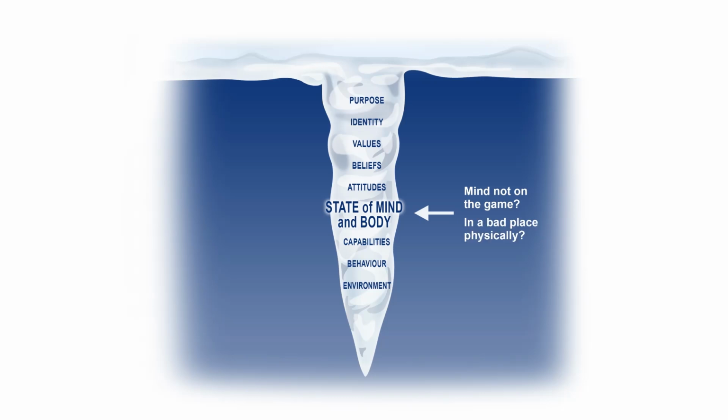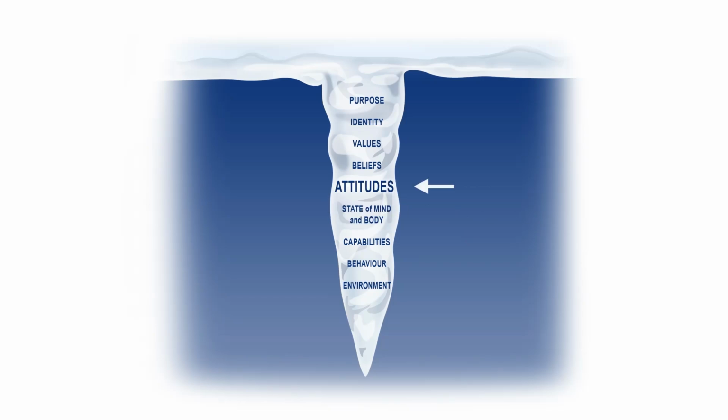Or if I'm physically in a bad place that day, achieving my goals still gets to be something that's really difficult. So above state of mind, the next thing we draw in from our iceberg model is attitude. And understanding the attitudes of people who are excellent at doing what they do will help us start to create the right state of mind and body, then learn the right skills, demonstrate the right behaviours, and create the right environments.